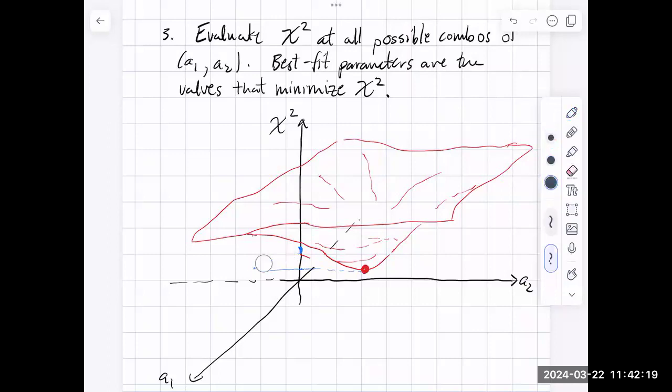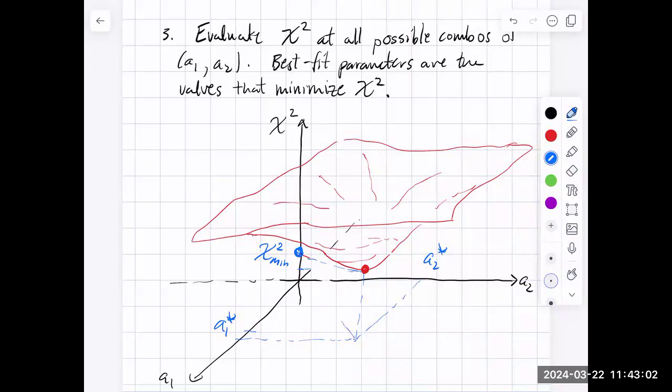We'll just draw a straight line to chi-squared. So chi-squared minimum would sit here, and then this would project down to somewhere in our plane of A1 and A2 values. Okay, so that's the projection down here. And this I'll call A2 star, and I'll call A1 star. And so that's the particular combination that led to the smallest possible value for chi-squared.